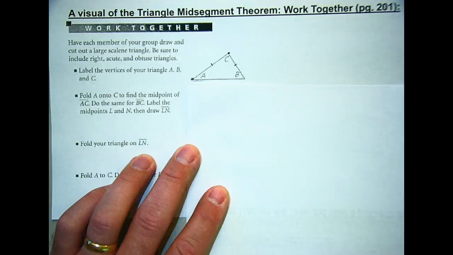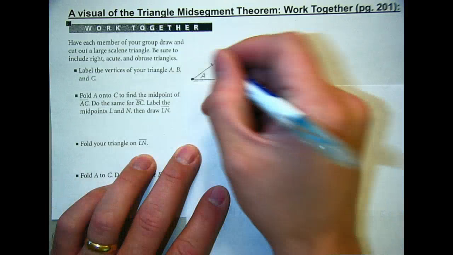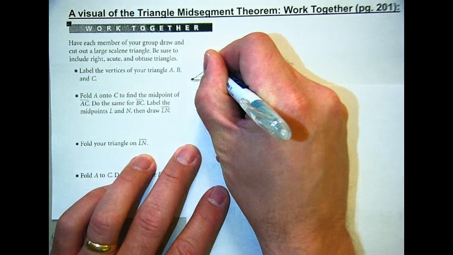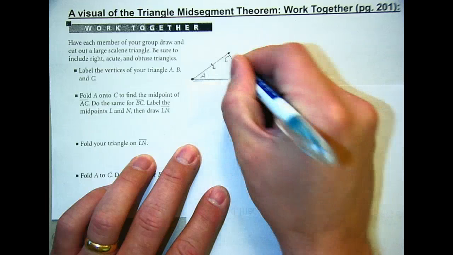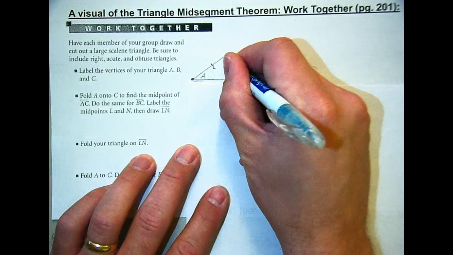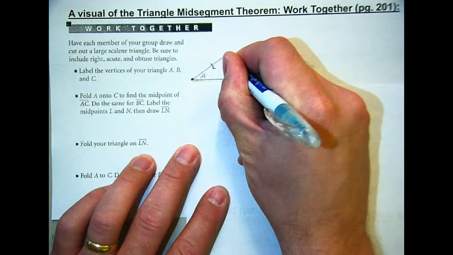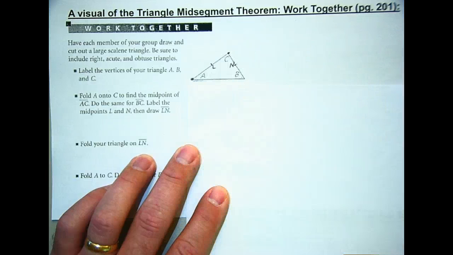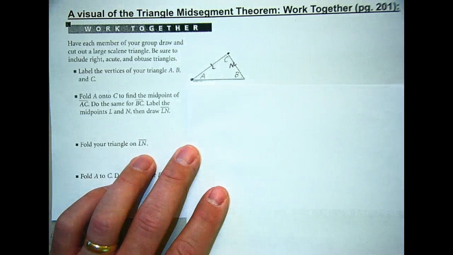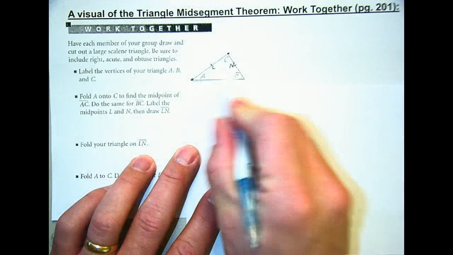Everyone with me? All right, I want you to label where you made this crease from A to C, point L, and where you made this crease from B to C, point N. And then I need you to draw line segment LN.